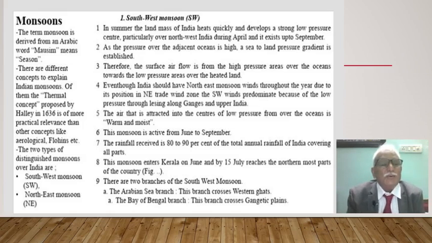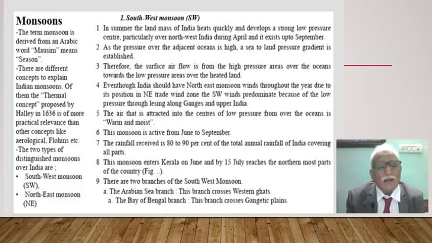So monsoons, the term monsoon is derived from an Arabic word mausim, meaning season. There are different concepts to explain the Indian monsoons. The number one is the thermal concept proposed by Halley in 1636, and the second one is the Flounce concept.